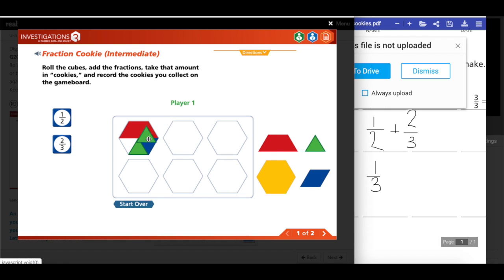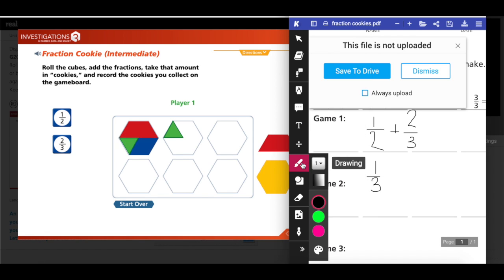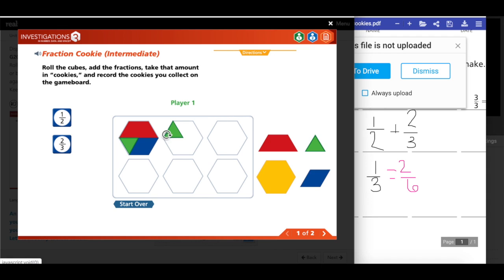And that's okay for me to do because I remember that 2 triangles, so 2/6, are equal to 1/3. So remember our equivalent fractions, that 1/3 is equal to 2/6. And I just proved that by being able to use 2 triangles instead of 1 rhombus.